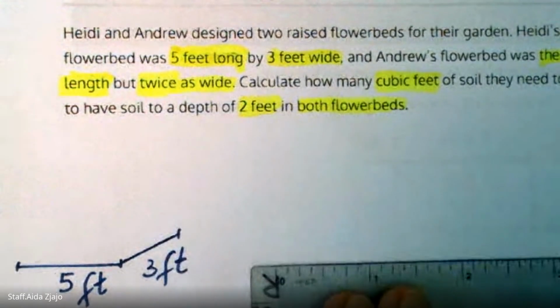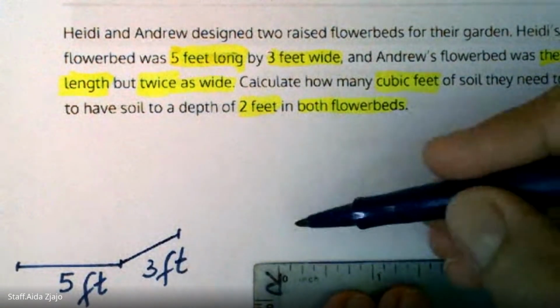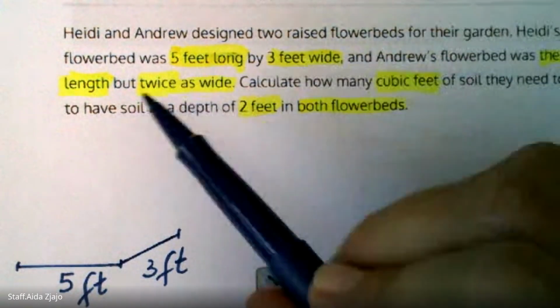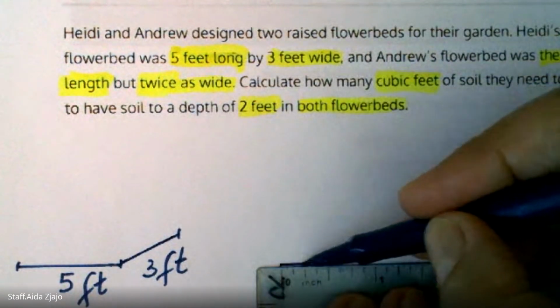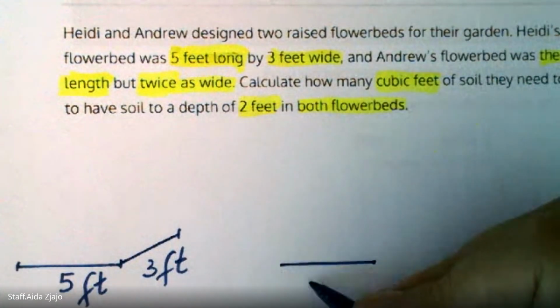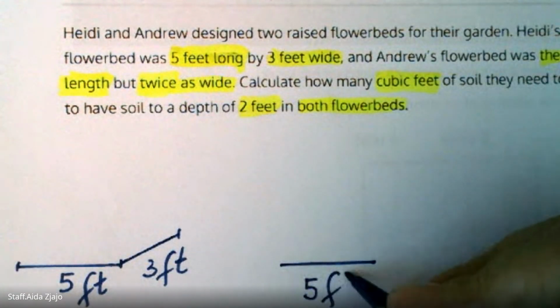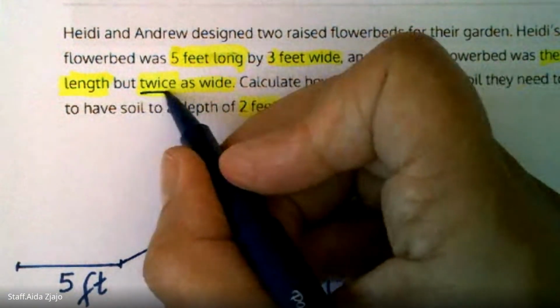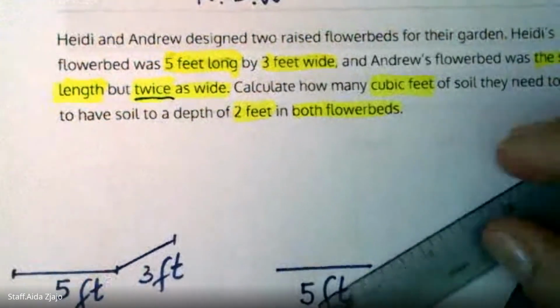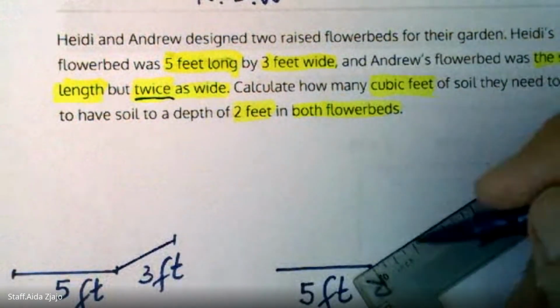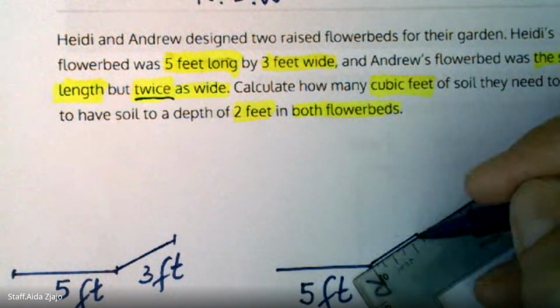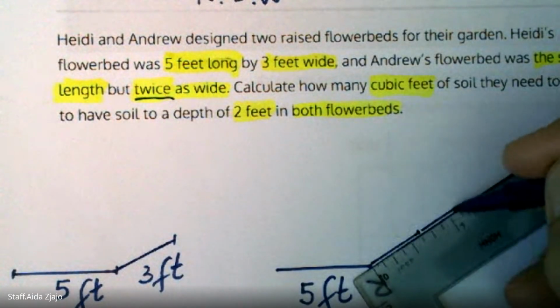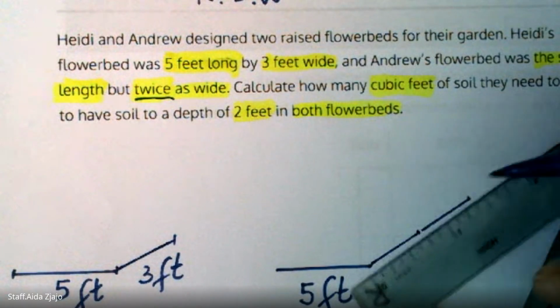And Andrew's is the same, 5 feet long, but twice as wide. So it is going to go 3 feet and again 3 more feet.